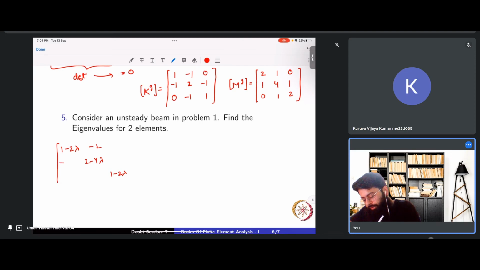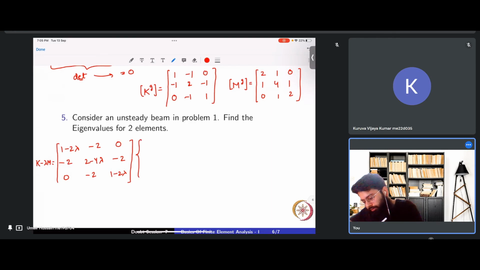Here also minus 2, also minus 2, and at the end we have zeros. So this is our K minus lambda M, right?